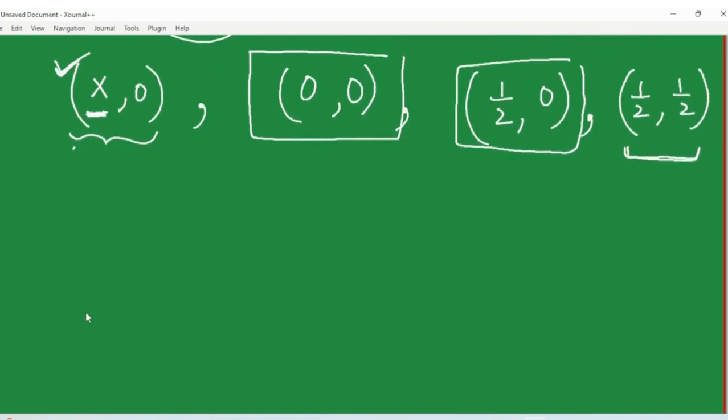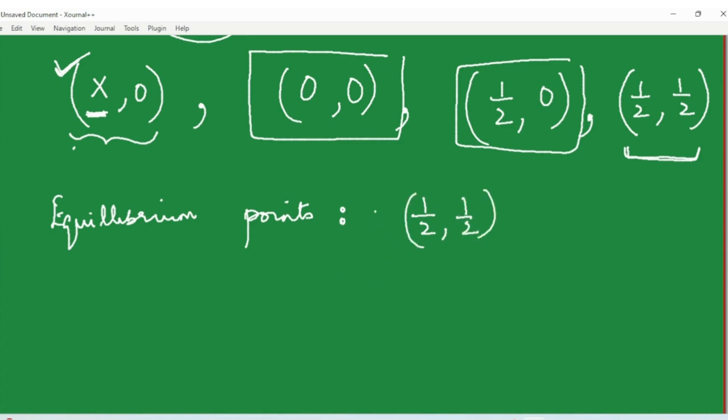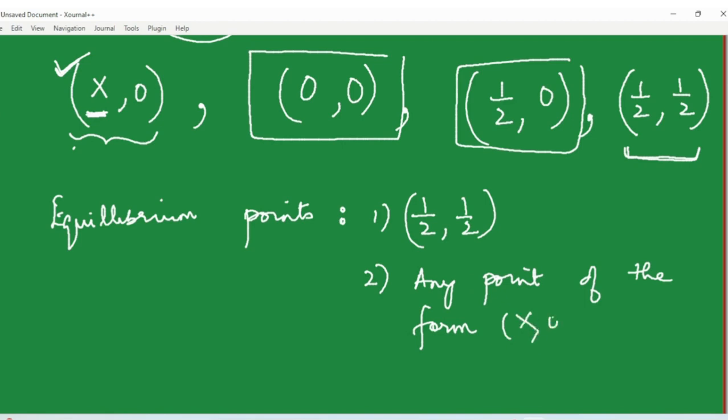So in a sense, you can say that equilibrium points here for this system are infinite, and equilibrium points are the following. Number 1, half comma half, and number 2, any point of the form x comma 0 happens to be an equilibrium point. So this system has an infinite number of options for equilibrium positions.